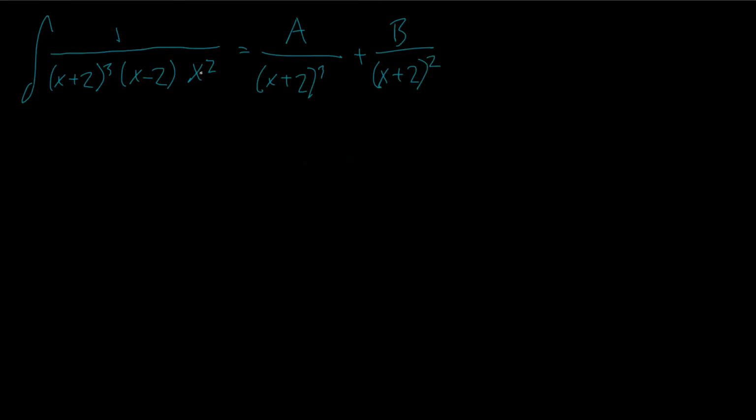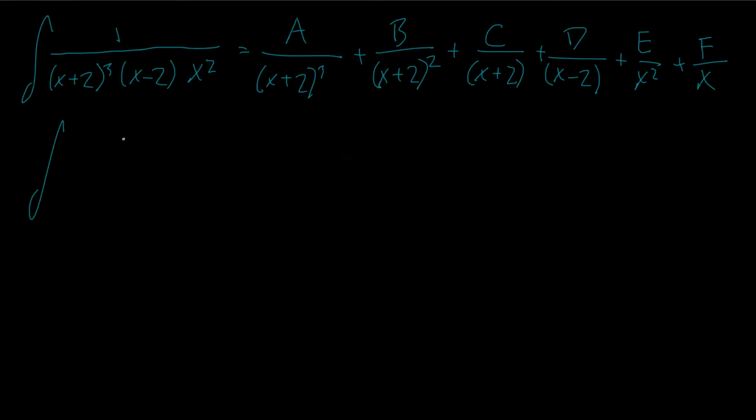So we're going to do squared now, and then we're going to do it one more time with just x plus 2, and we're going to go d over x minus 2, and then for x squared, we're going to have e over x squared plus f over x. And that's the way we would break it down, and then we would continue to multiply a by each one of those and then solve for a, b, c, d, e, and f, which you can guess becomes very tiring. There's a lot of different repeated fractions that you would have to do.